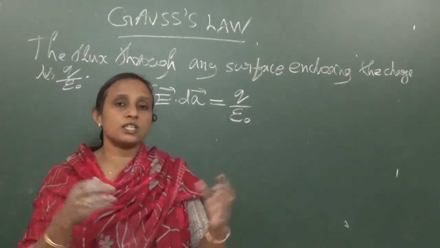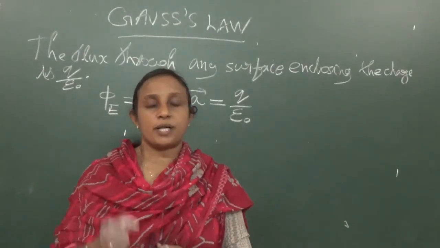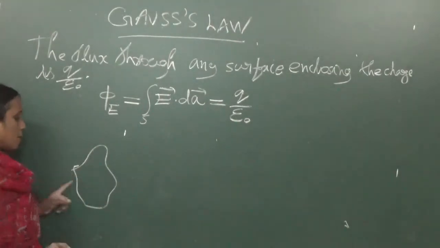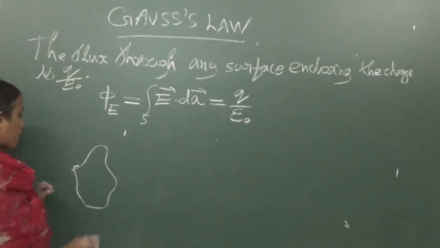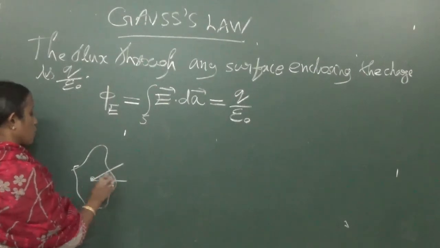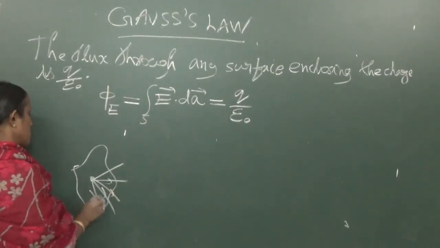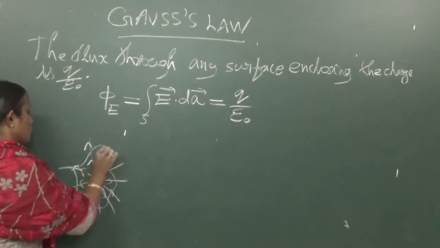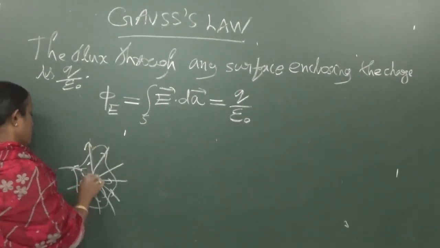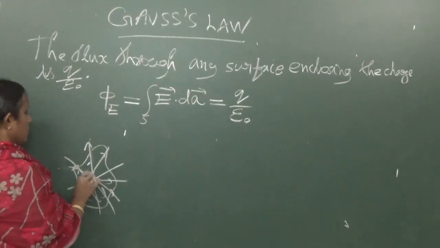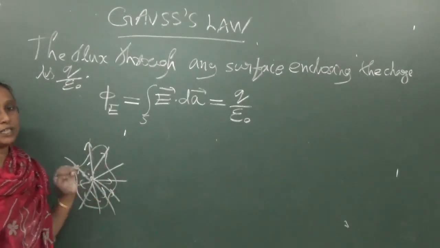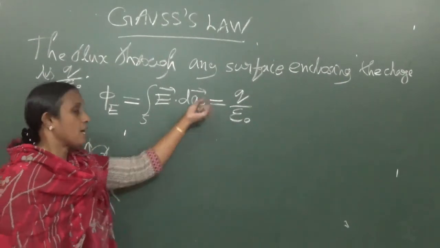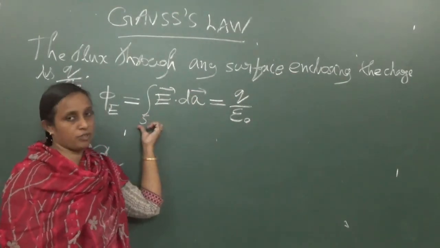But you can extend this to any arbitrary closed surface. If the surface has a shape like this, but is still closed, the number of field lines passing through this surface always gives you the flux, and this flux is always equal to the total charge enclosed.